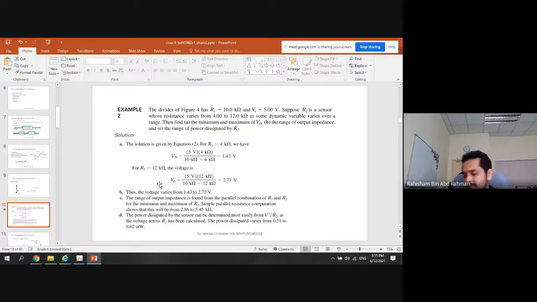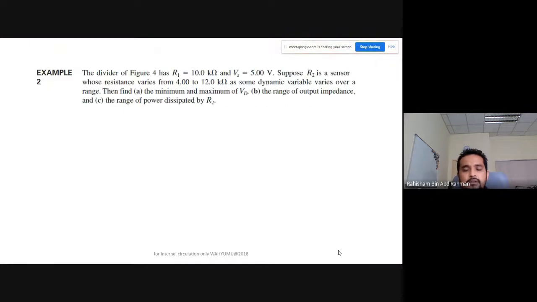Let's have a look at this simple worked example. We have the divider of figure 4. Assume the previous figure has resistance of 10 kilo ohms, and the supply voltage is 5 volt.